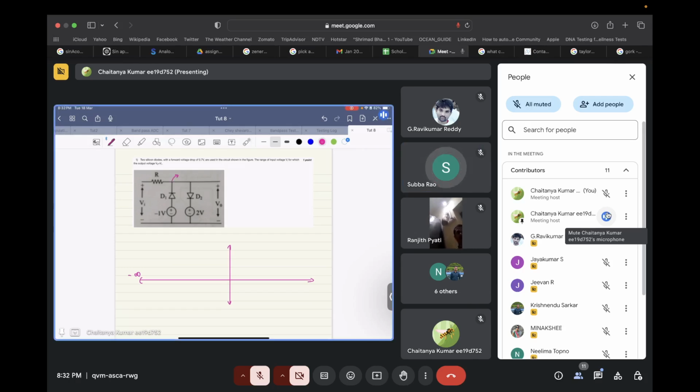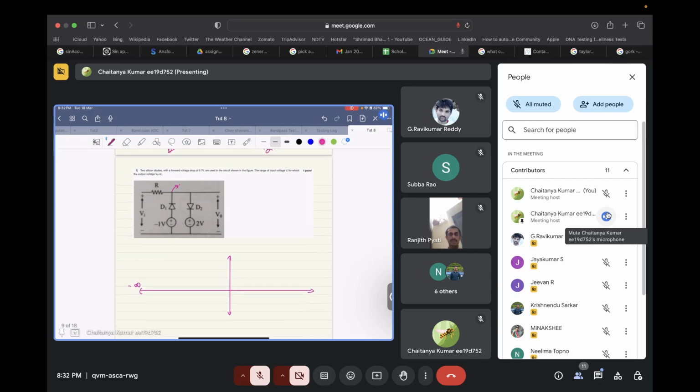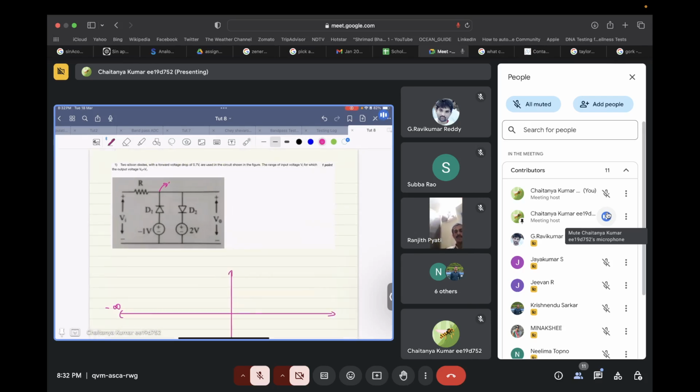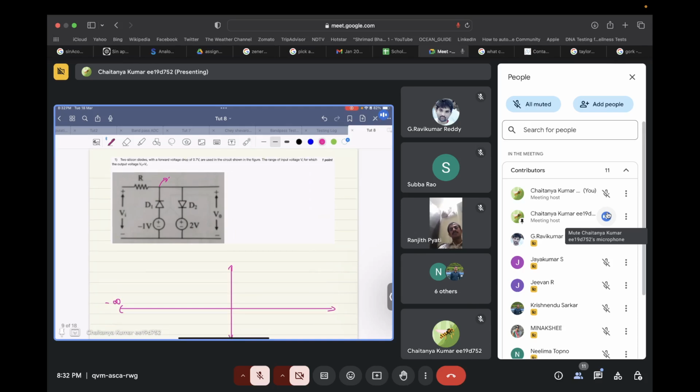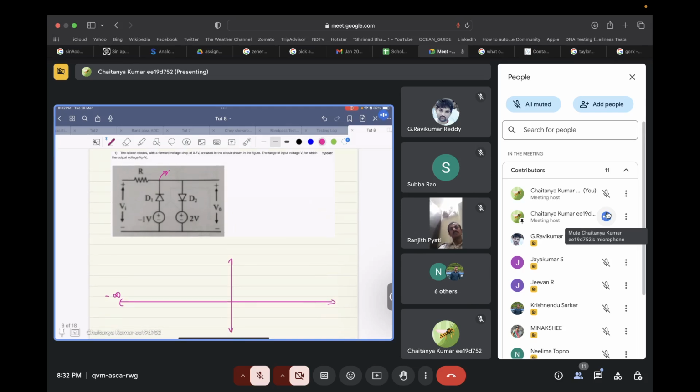Because at the negative end of D1 there is minus infinite voltage, and at the positive terminal there is minus 1 volt. So D1 is forward biased, so it will start conducting, and since the voltage drop is given as 0.7, what will be our V naught?